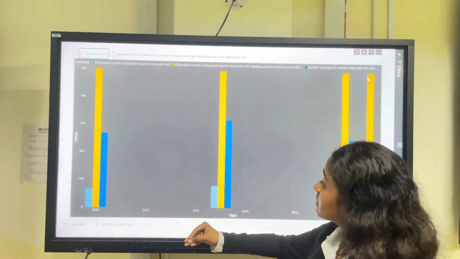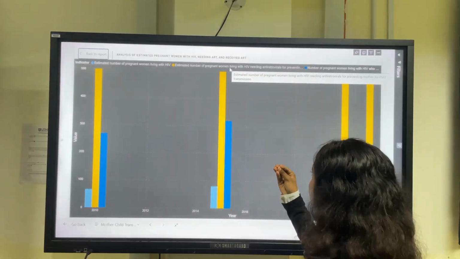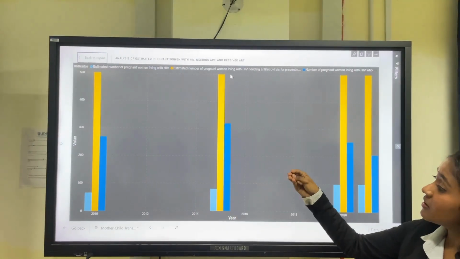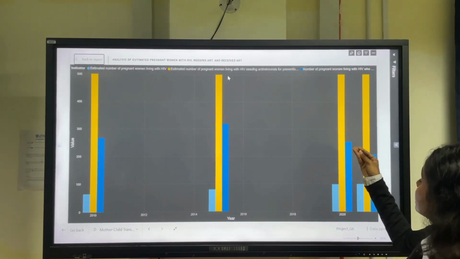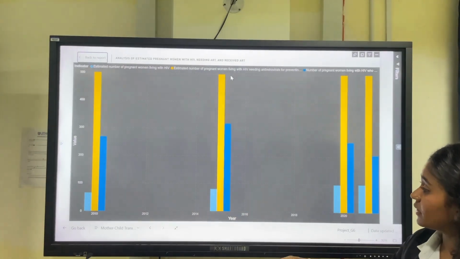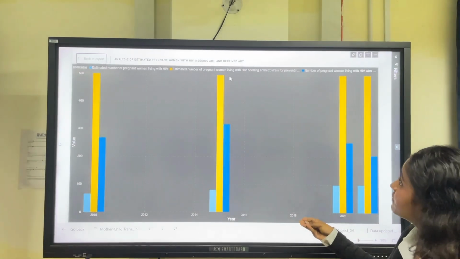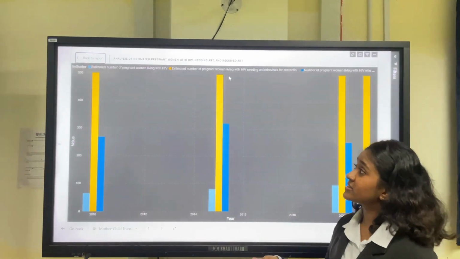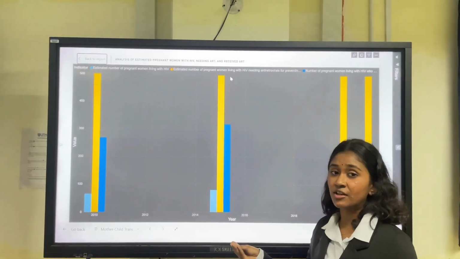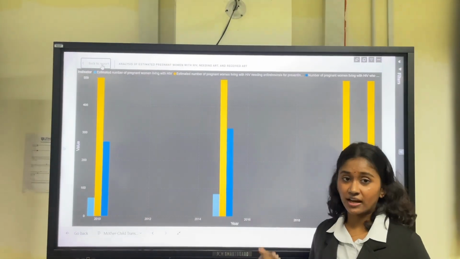If you can see, the yellow chart is describing that the number of pregnant women living with HIV who need ART treatment is higher than the number who have received the ART treatment. So in the years 2010, 2014 and also 2020, the number of pregnant women living with HIV who need ART treatment remained higher, and the number of pregnant women who have received the ART treatment remained lower than those who need ART.